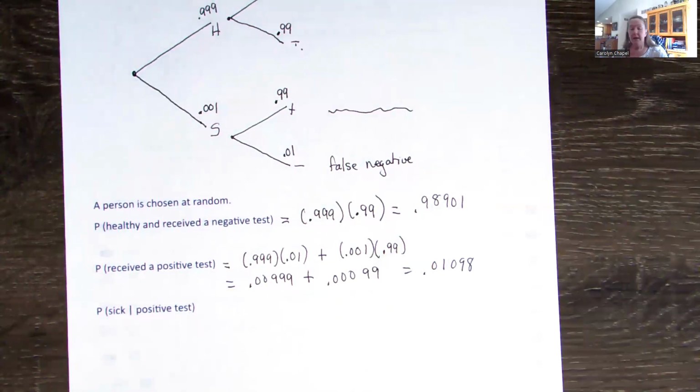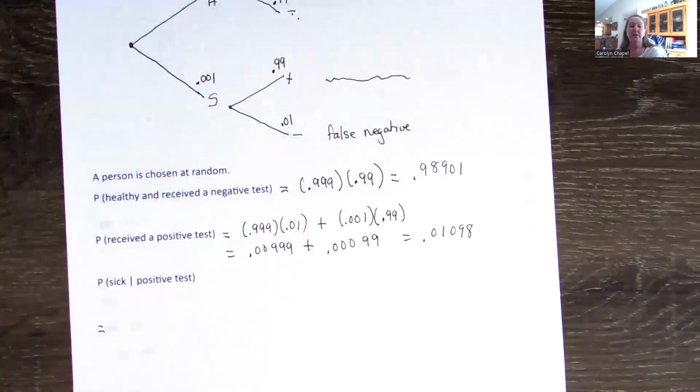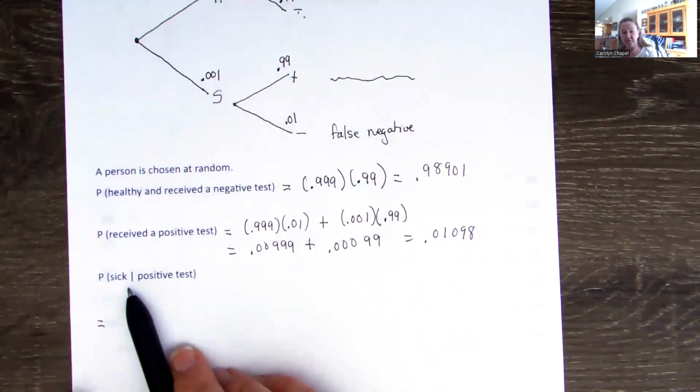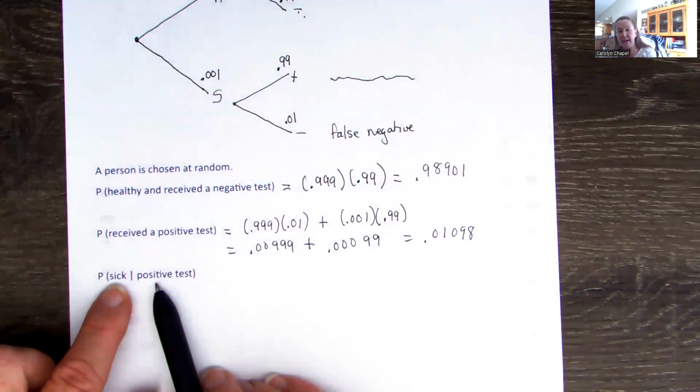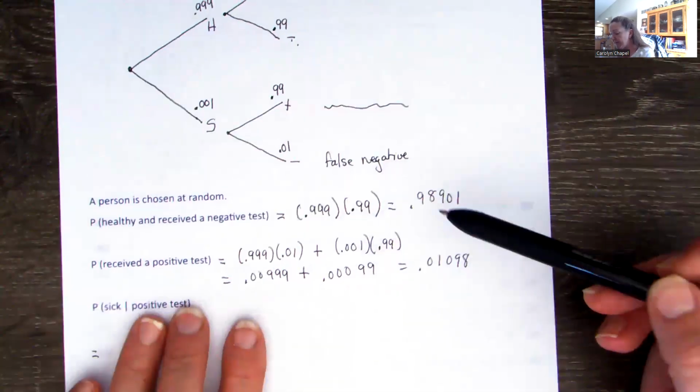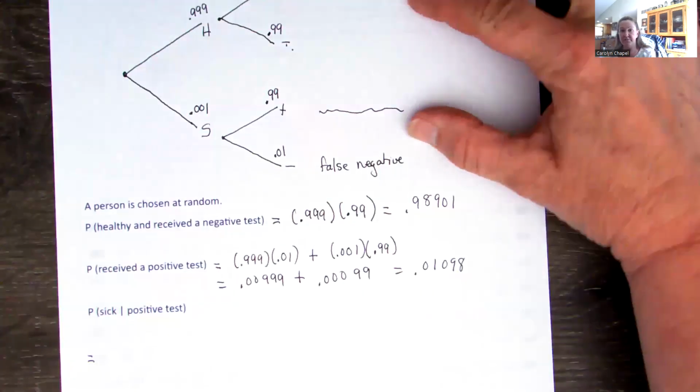Okay. Here's the question. What's the probability that you are sick given you have that positive test? You should think that that should be pretty high. Because if you get a positive test, that's telling you, the test is saying, hey, you've got this rare disease. We need to worry about it. But what is the probability that that is actually the case? Okay, to figure that out, remember, it's a conditional. So we need that sick and positive. So we're basically saying we got a positive test. So we're on one of these two branches.